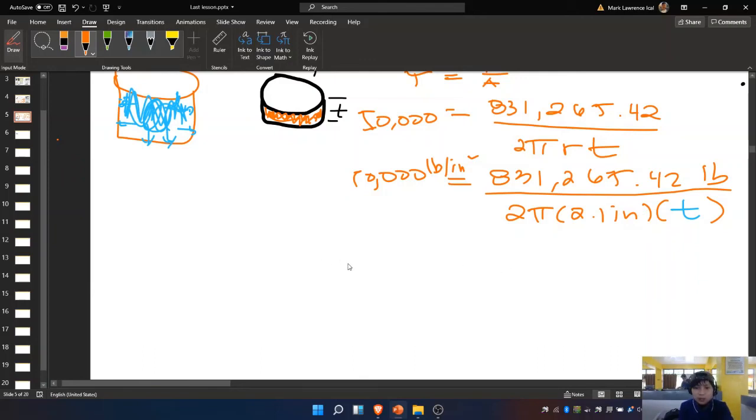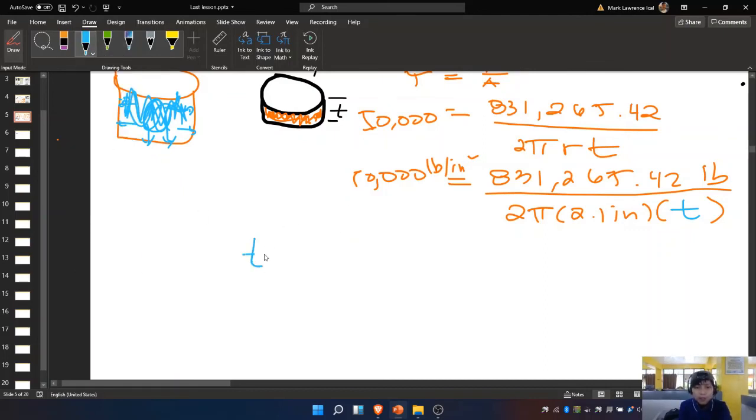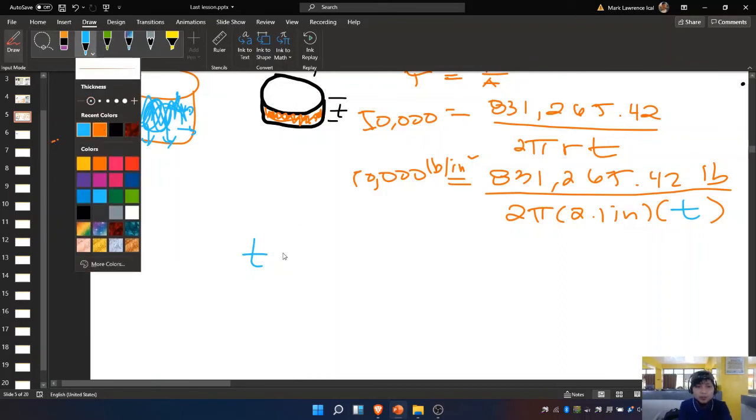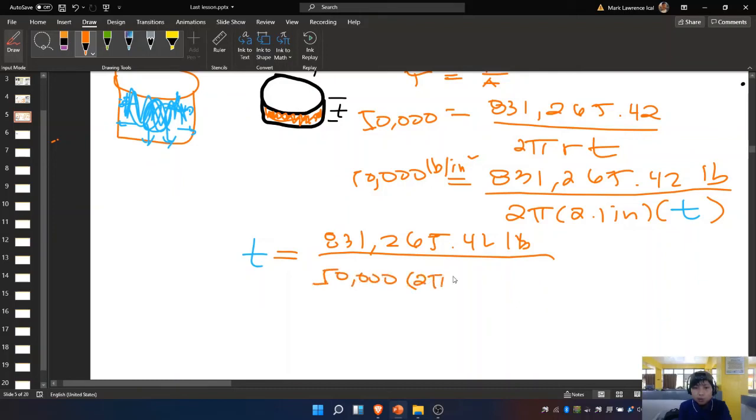This becomes T is equivalent to 831,265.42 pounds divided by 50,000 multiplied by 2 pi 2.1.